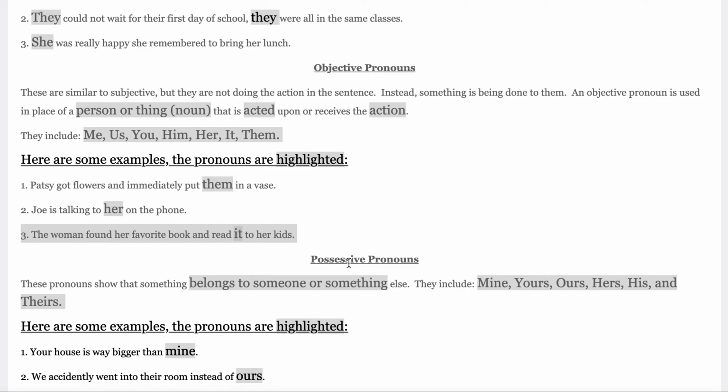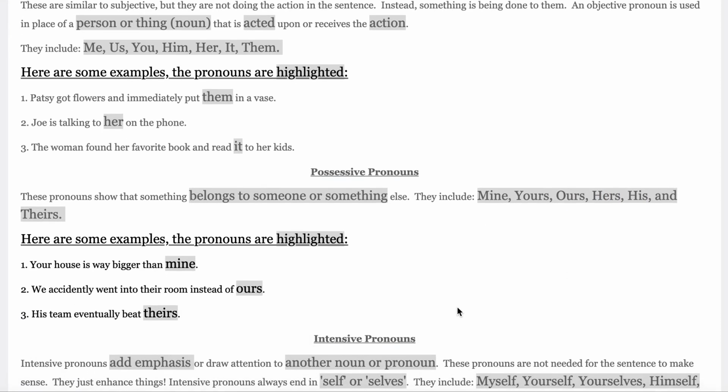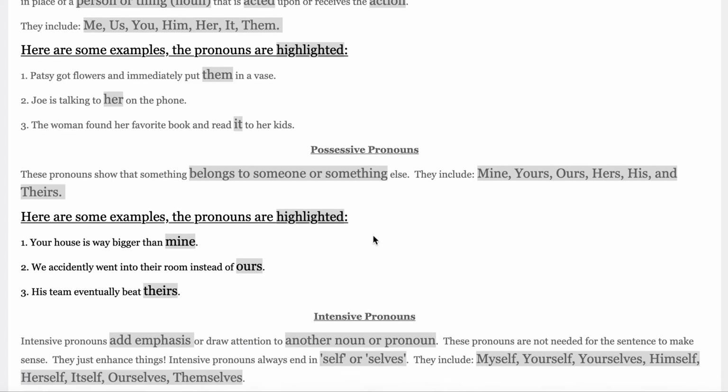Okay, so these pronouns are mine, yours, ours, hers, his, and theirs. So like the house is mine. The house is yours. The house is ours. The house is hers, his, and theirs. Okay, so anytime you see something that shows it belongs to somebody, then that's a possessive pronoun.